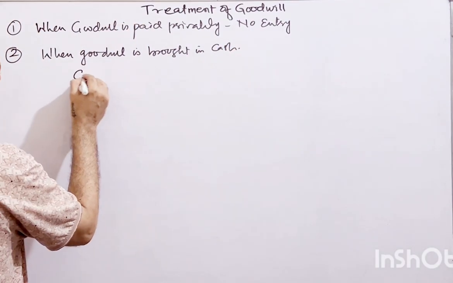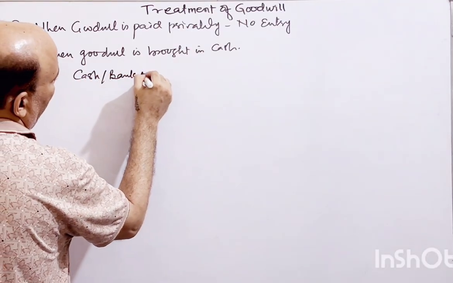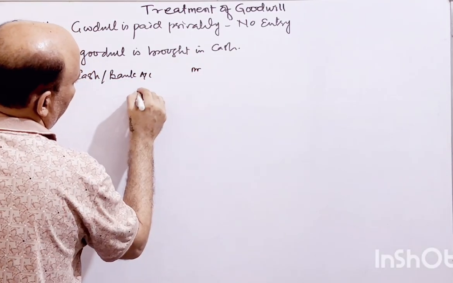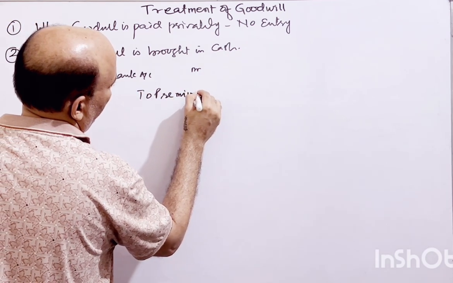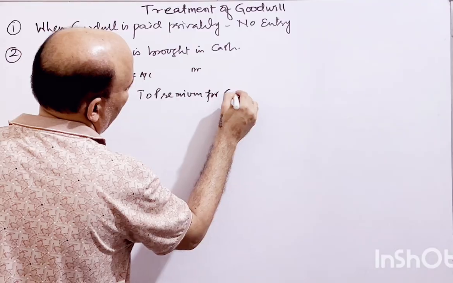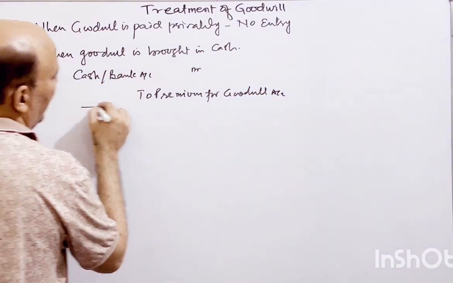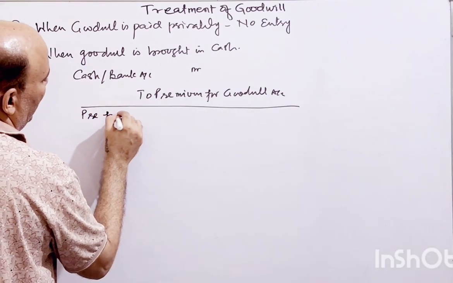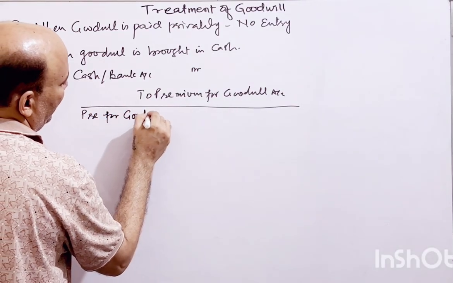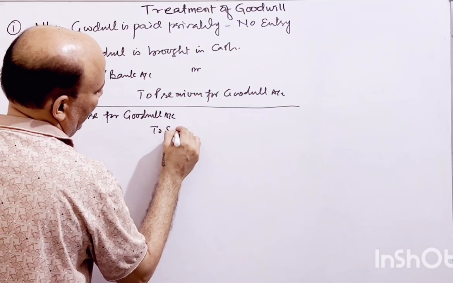The entry would be cash or bank account debit to premium for goodwill account, and after that the premium for goodwill account debit to sacrificing partner.